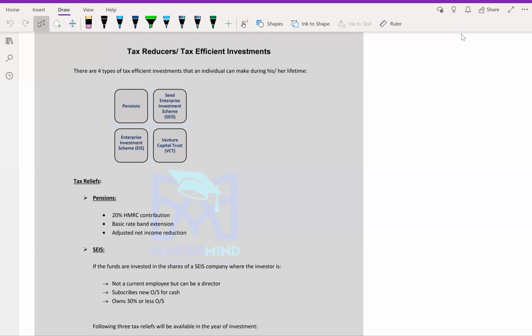So just by incentivizing a few investors, and there will always be a scarcity of investors who will invest in small businesses, you can bring in a lot of revenue.